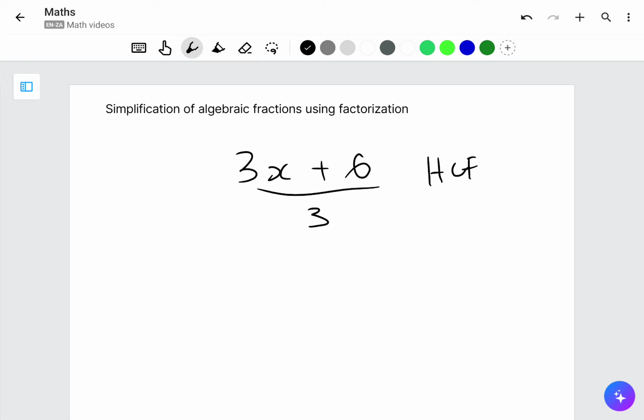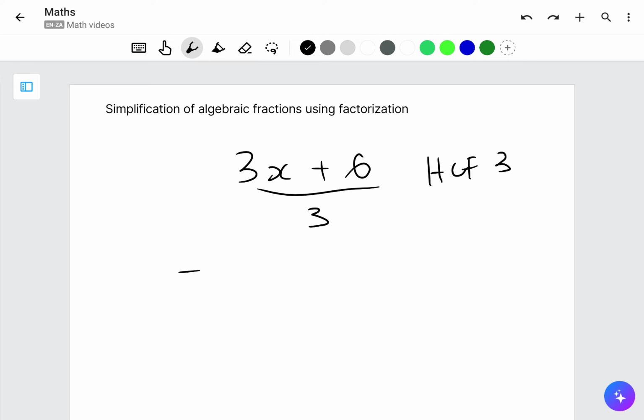If we look at the numerator, what would our highest common factor be? The biggest number there would be 3. We know 3 can go into itself once and into 6 twice. So we're going to take out a highest common factor of 3.